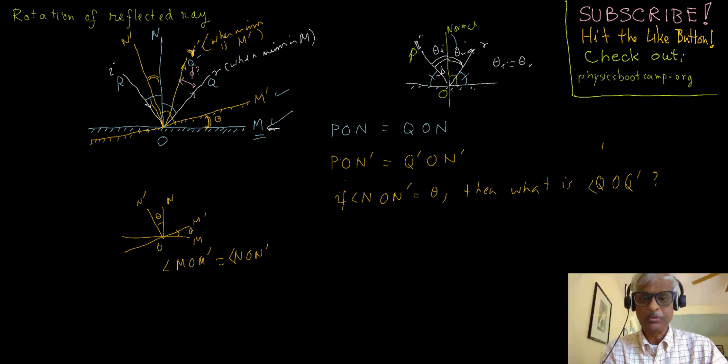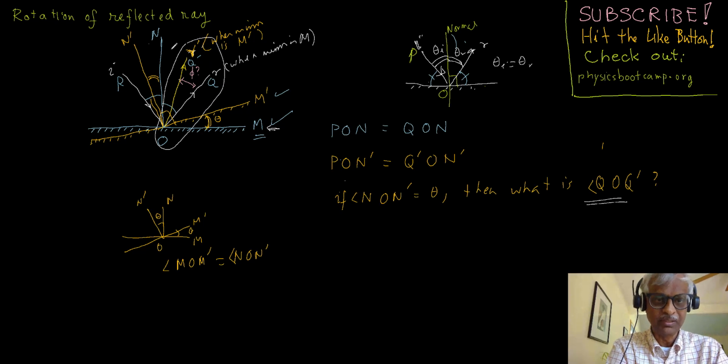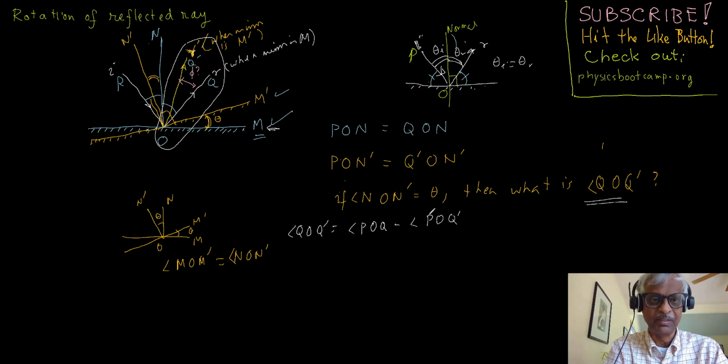So what do we need to do to get this? There are several ways you can proceed. One way I like is to isolate this angle on one side. What we want is angle QOQ prime, which equals angle POQ minus angle POQ prime.